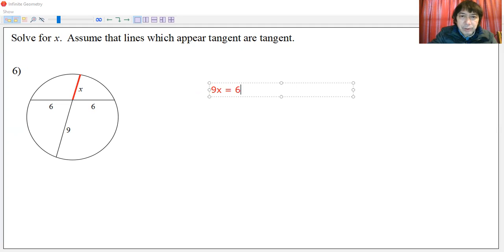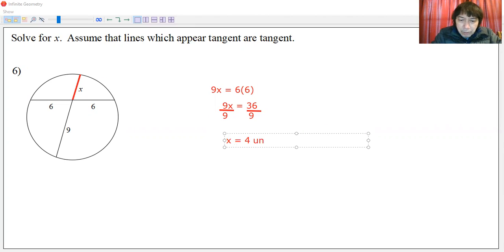So 9x is equal to 36. Then we divide by 9 on both sides. 36 divided by 9 is 4. So our answer must be 4 units. And this is our answer.